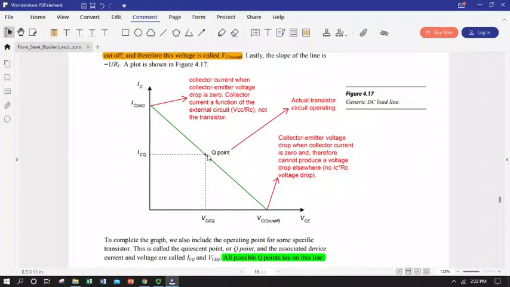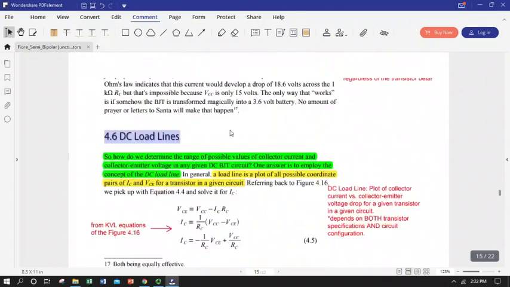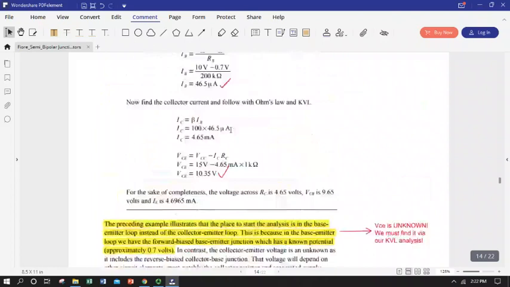And the operating point of the transistor in particular is going to depend on beta, but the intercepts that actually define the line are going to be a function of the external circuit. So this is an example of a DC load line, and the easiest way to get it is to go back and look at the extreme examples of what would happen in our circuit.